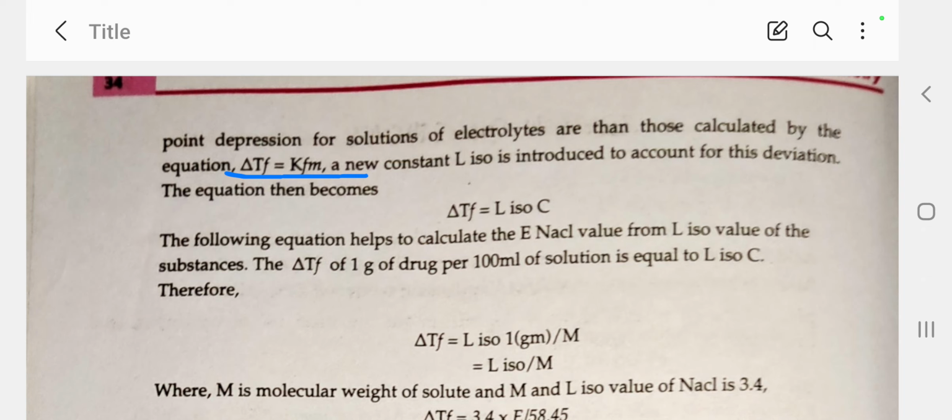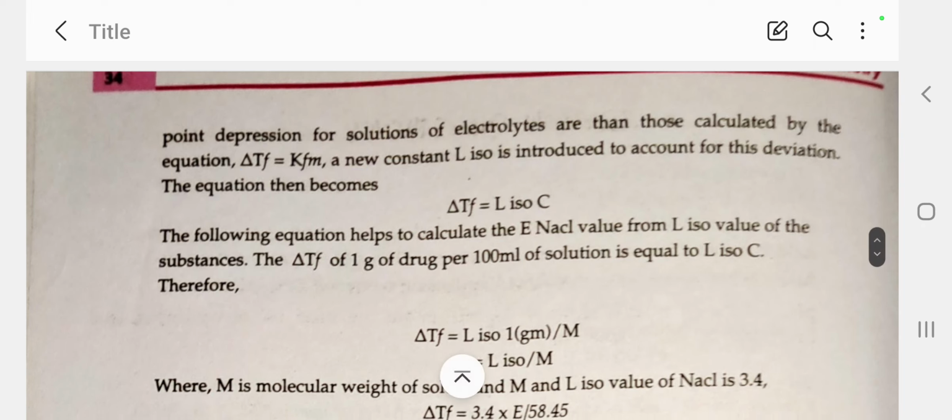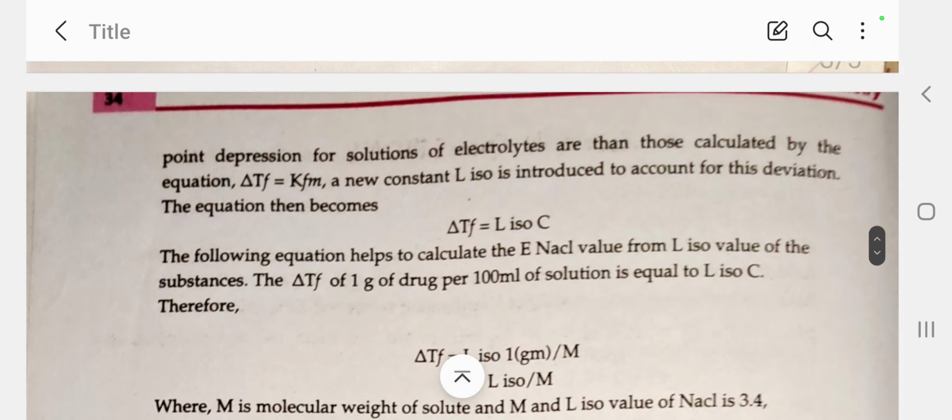L-iso is introduced here, which is why it is named the L-iso method. L-iso is introduced to account for this deviation.